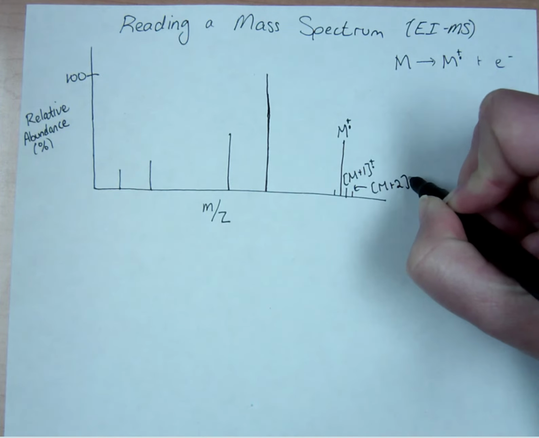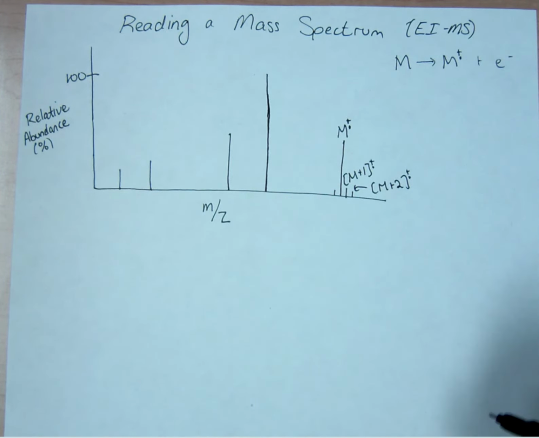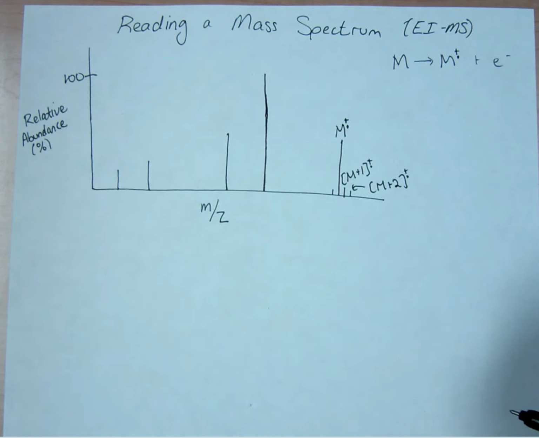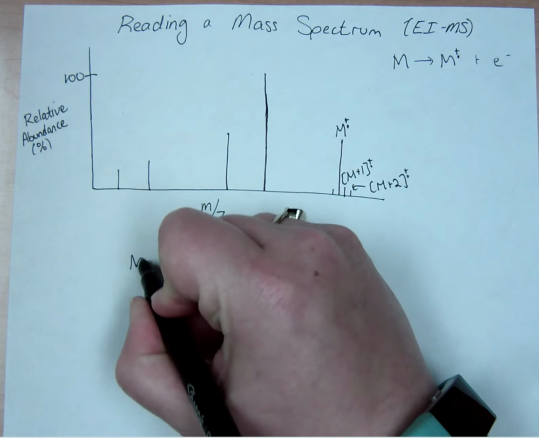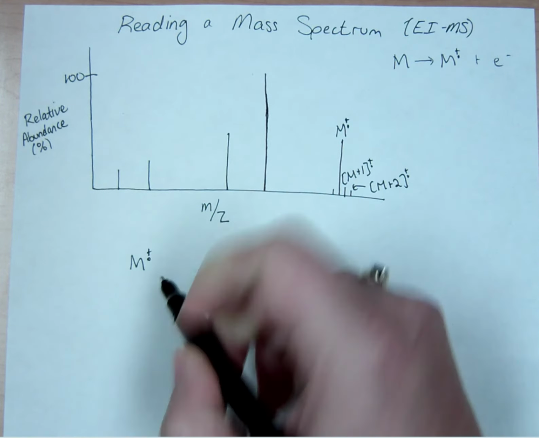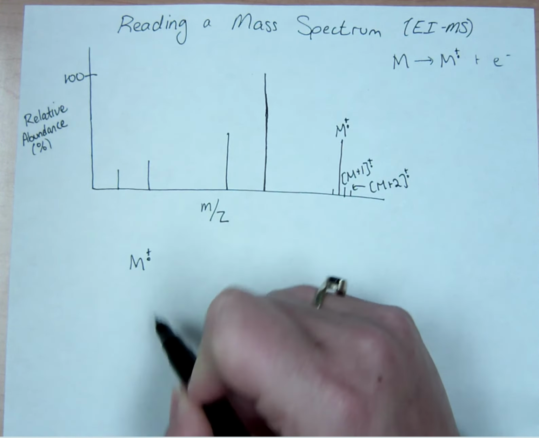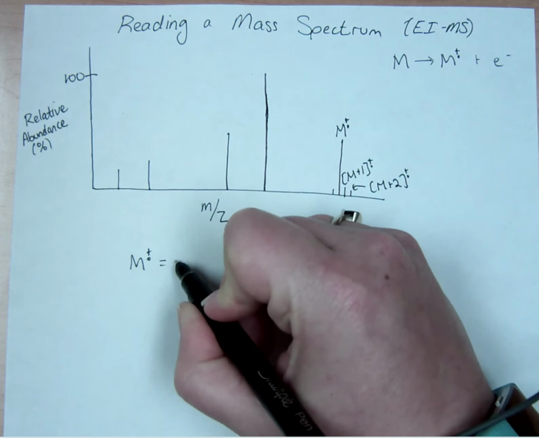We might have something that has a plus 2 or has 2 of our plus 1 isotopes. So for instance, if you have 2 carbon-13s, you would have an M plus 2. All right, so this is called our molecular ion. The M dot plus that I've drawn, that's our radical positively charged molecular ion.